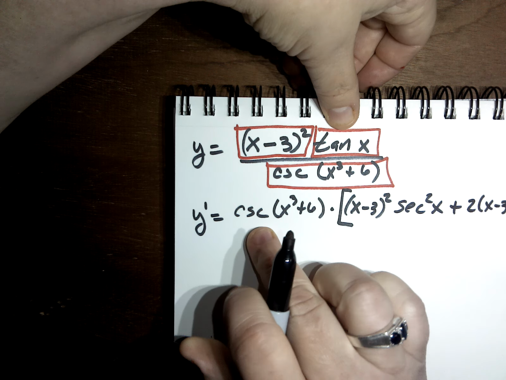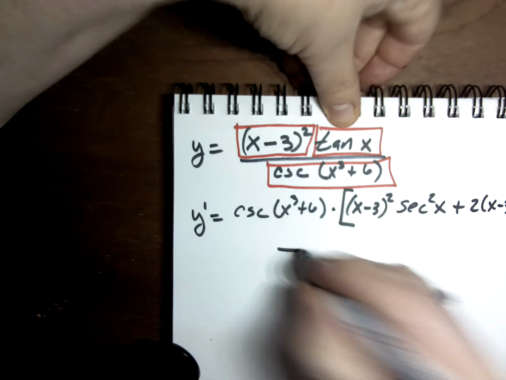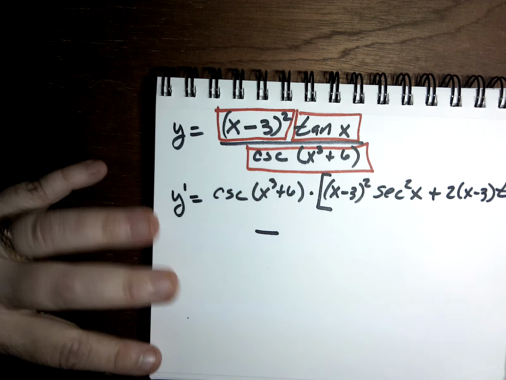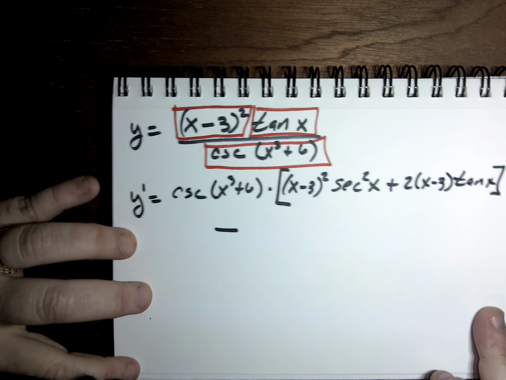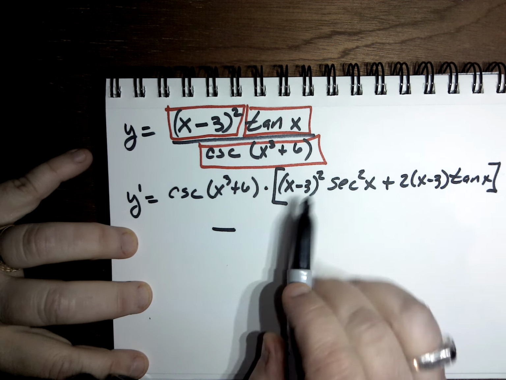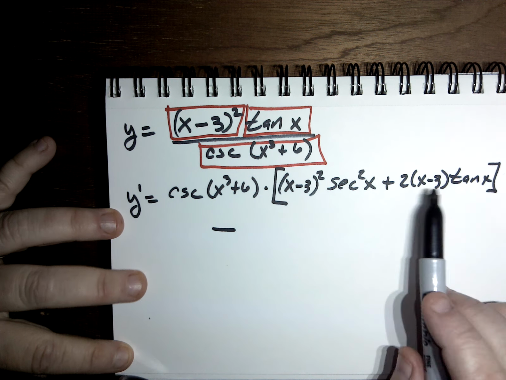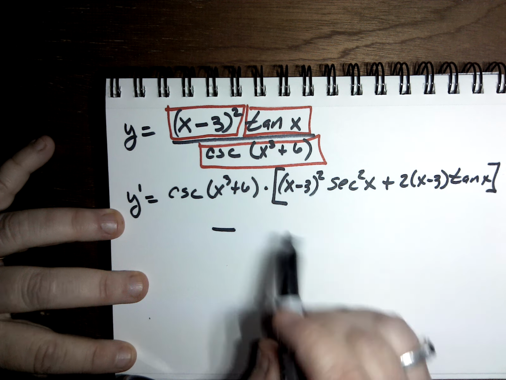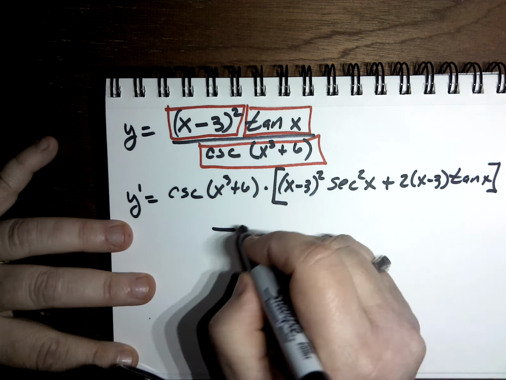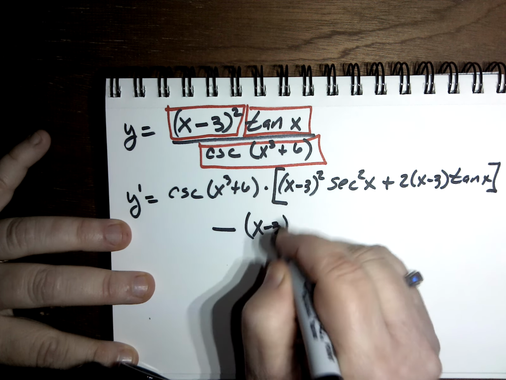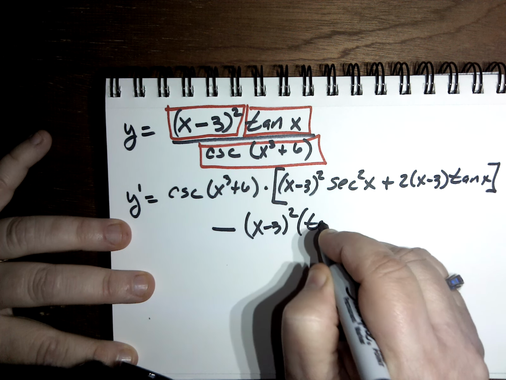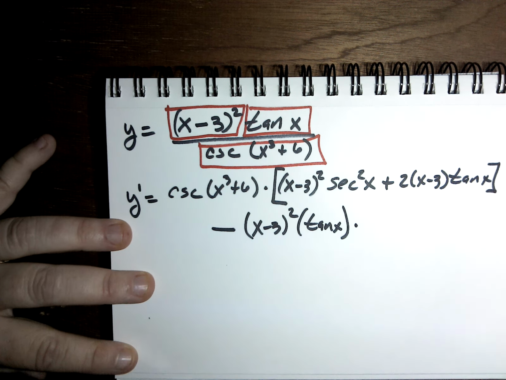So I've got the bottom times the derivative of the top, small paper. Okay, did I block that off? I'm sorry. So I've got the bottom times the derivative of the top, which is first times the derivative of the second, plus derivative of the first one times the second one. So minus the top, so copy all this down, times the derivative of the bottom.